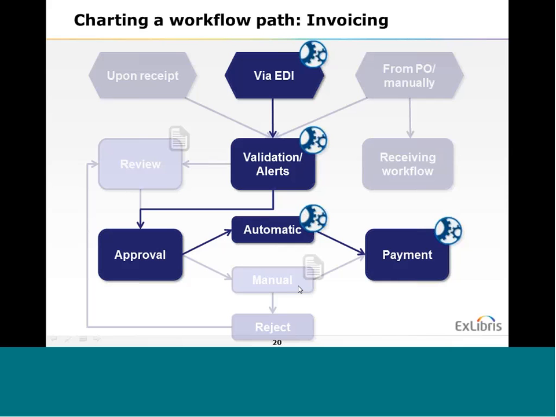Instead of needing to understand the complete end-to-end workflow, you just need to know that if there's a problem, this is where you go to fix it, the review area, for instance. Or if you decide to implement manual approval, this is where you'd go to fix it. So instead of having to do each step manually, you can focus on the problem solving of the steps that actually require intellectual human decision making.